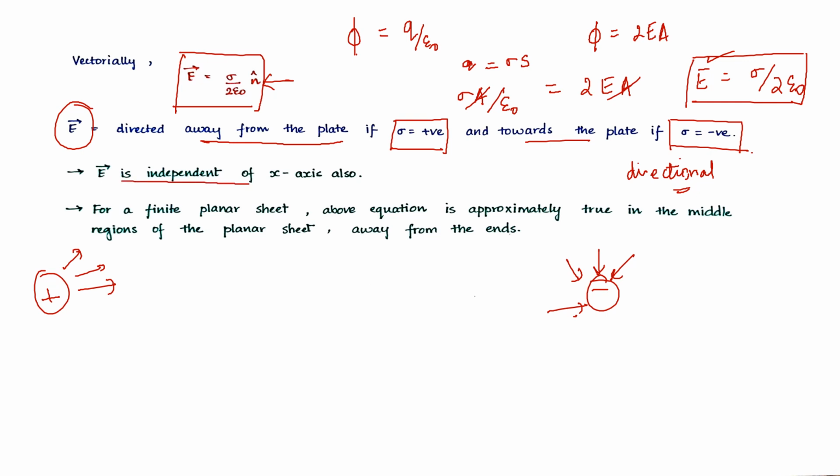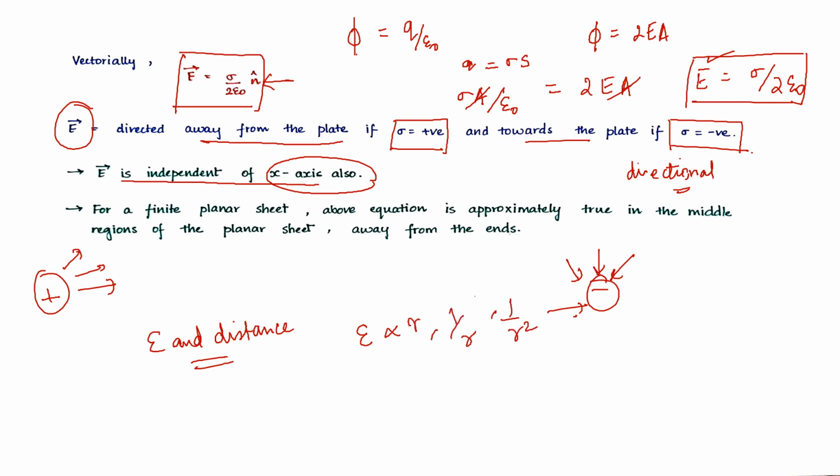So E is independent of the x axis also. Here we have seen there is no relation between E and distance. Is there any relation which states that E is proportional to R, 1 by R, 1 by R square or 1 by R cube or anything else? No such relation. So this is independent of the x axis.